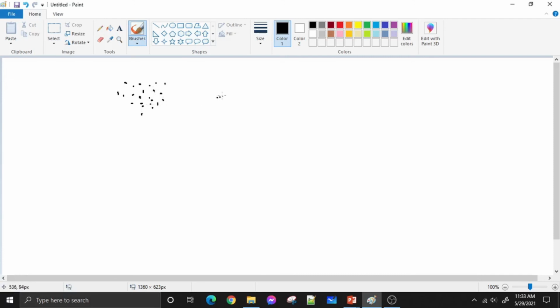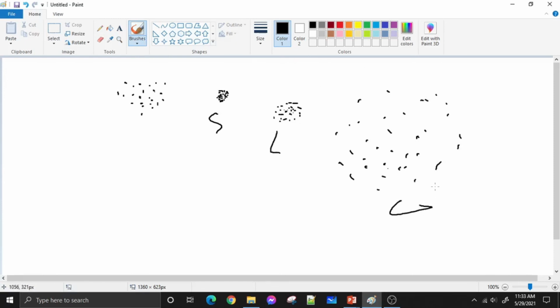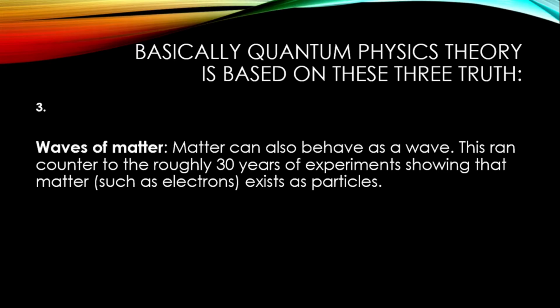Solids have more dense particles, while liquids have lower density of particles, and gas has even less. So this is solid, this is liquid, this is gas, all composed of particles. But on the waves of matter, matter can also behave as a wave.